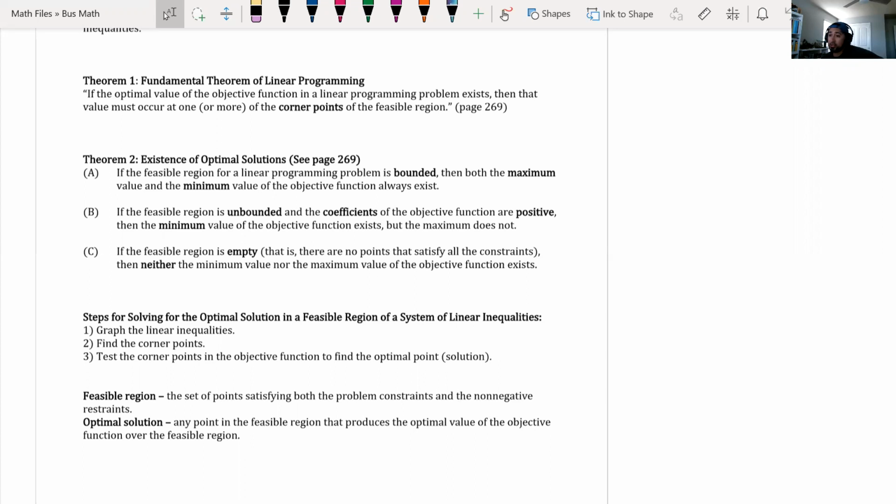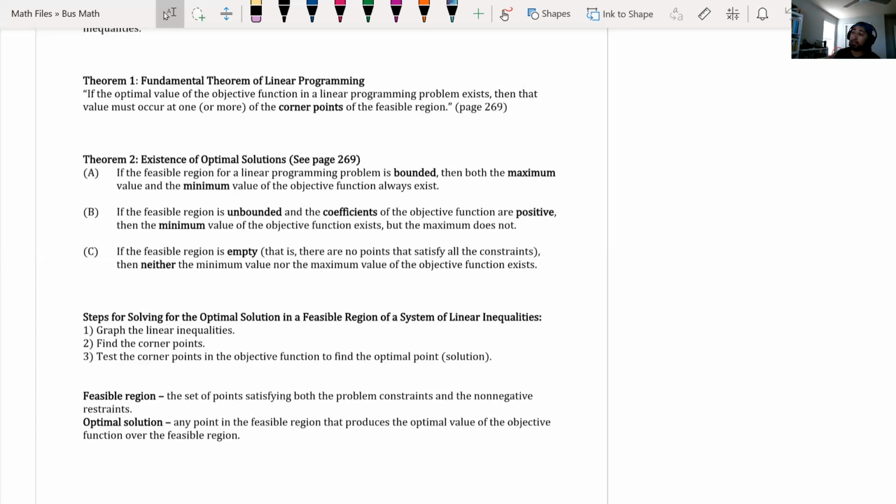Existence of optimal solutions. If the feasible region for a linear programming problem is bounded, then the maximum value and the minimum value will exist. So remember what it means to be bounded is that once we find our feasible region, can we draw a circle around it? And that's what it means to be bounded if we can draw a circle around it.